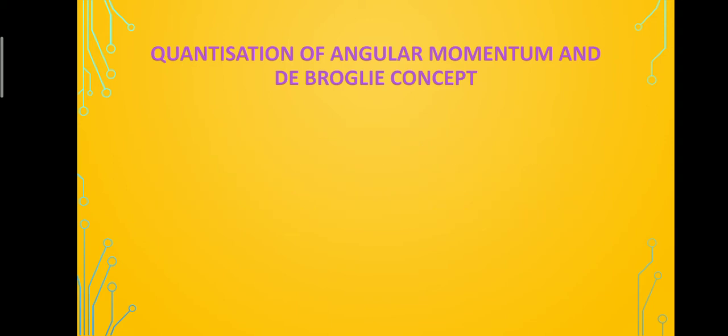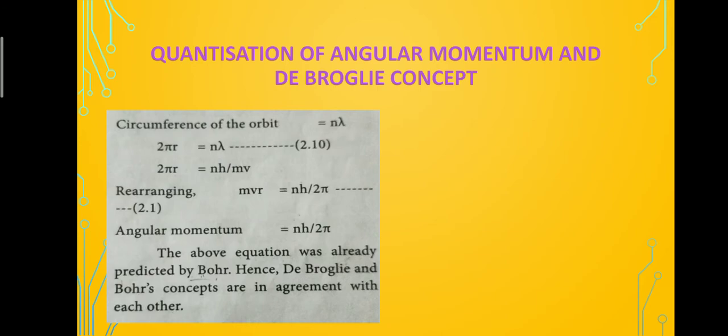So we can write that the circumference of the orbit has to be an integral multiple of the wavelength lambda. Lambda is the wavelength of an electron wave. From Bohr's model, it was clearly shown that the orbit is in a circular form.